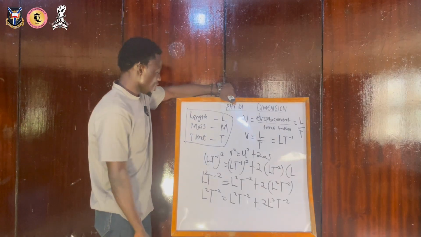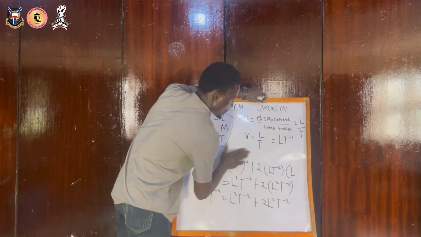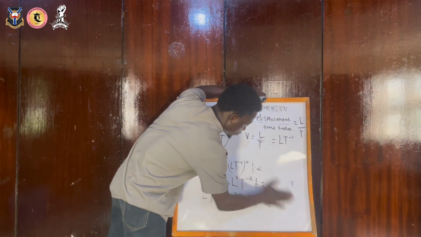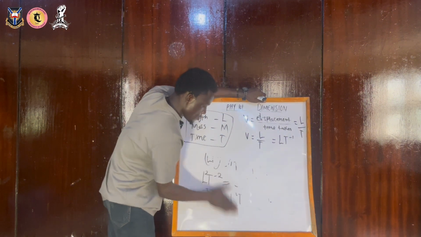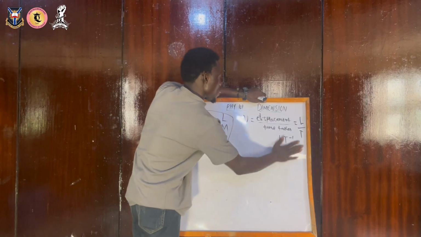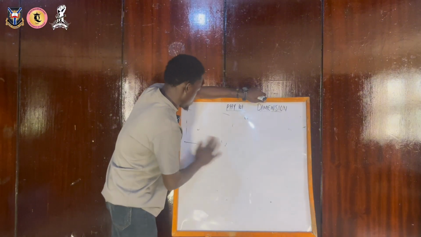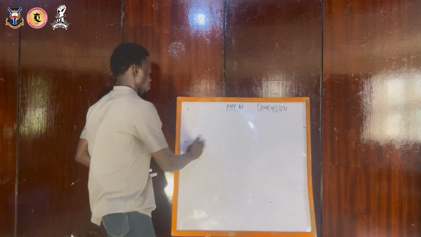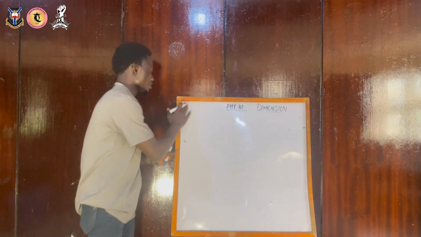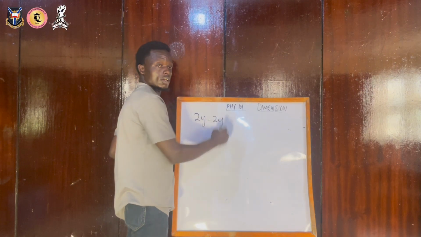Now let's move to another aspect. Let's say I give you a question like 2y minus 2y.